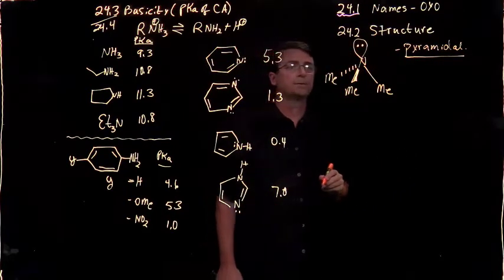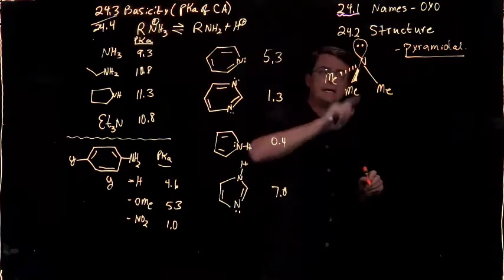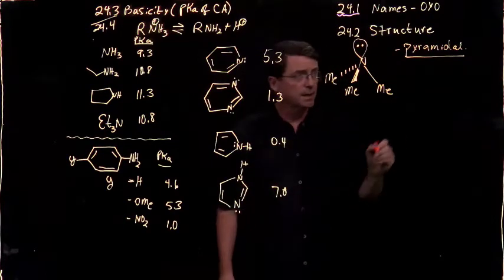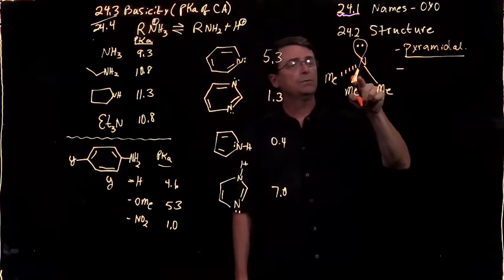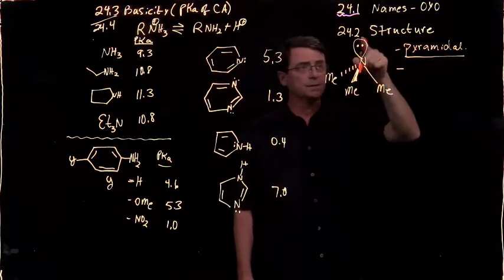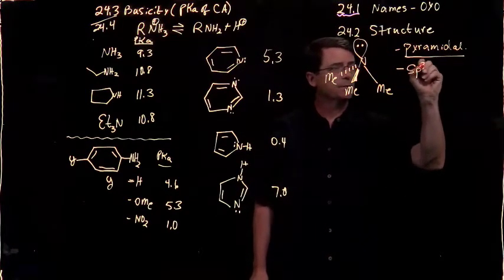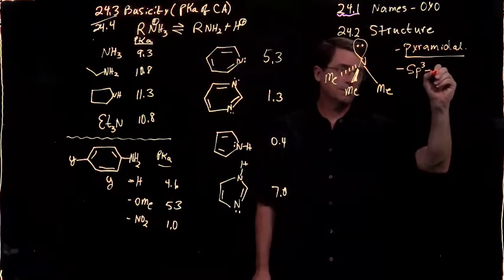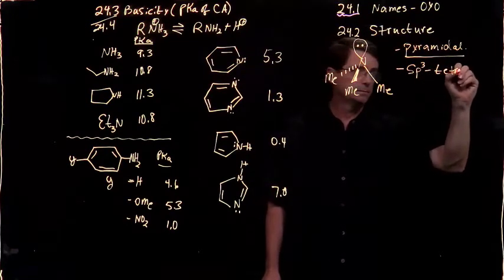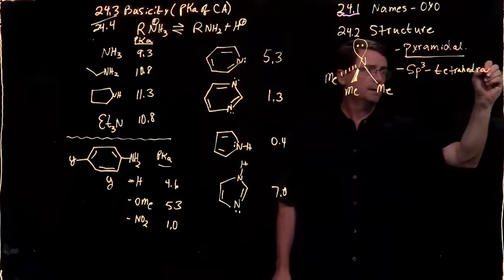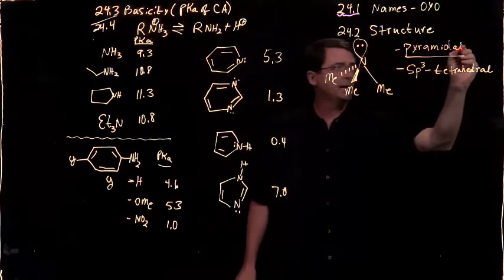Pyramidal, that's a pyramidal structure. So the nitrogen and the atoms. Now if we look at it electronically, 2, 4, 6, 8 electrons, because the lone pair's there, we would say that it is sp3 hybridized and electronically is tetrahedral. So make that distinction between the atoms here and the electronics.